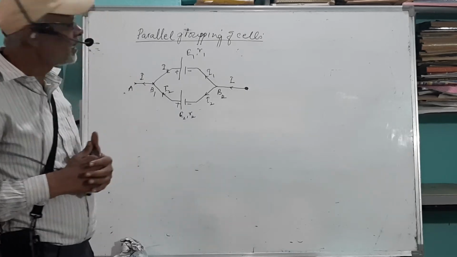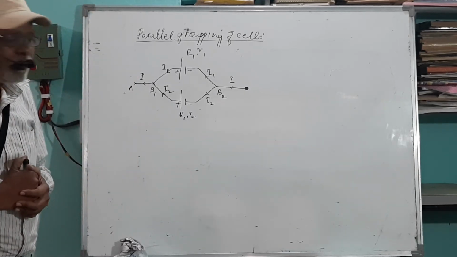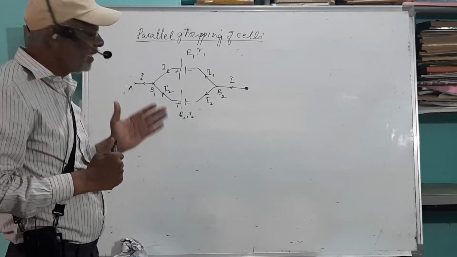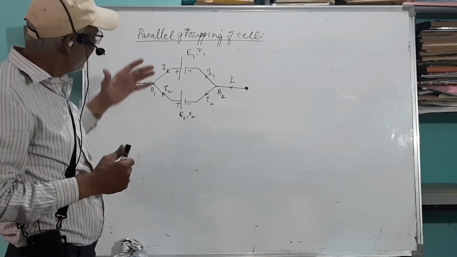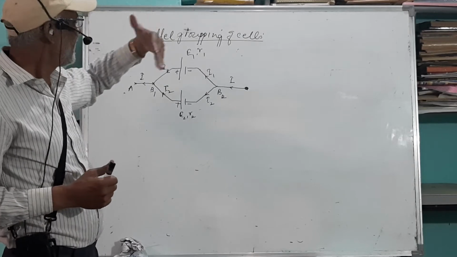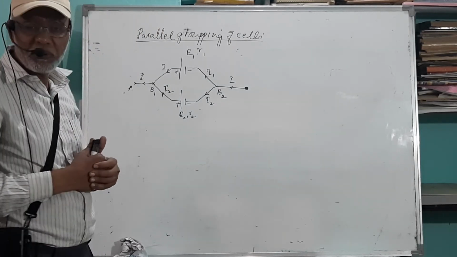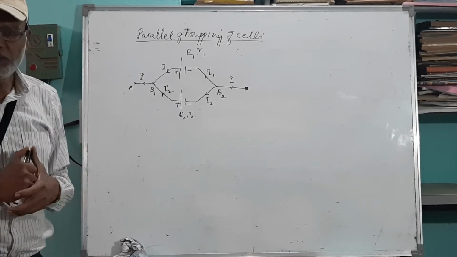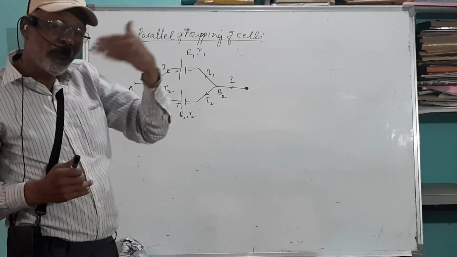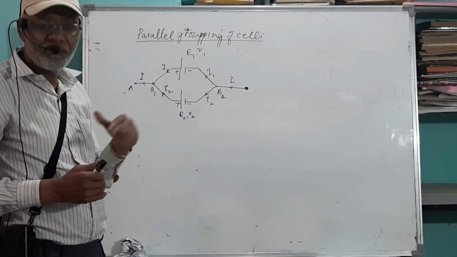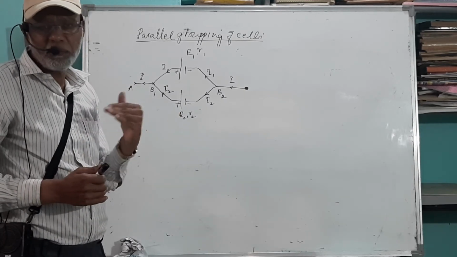The basic purpose of this, as I said, is to reduce the current in the circuit. You may be asked a question like: write the difference between parallel and series grouping of cells. One is on the basis of the circuit diagram, you can differentiate between series and parallel.